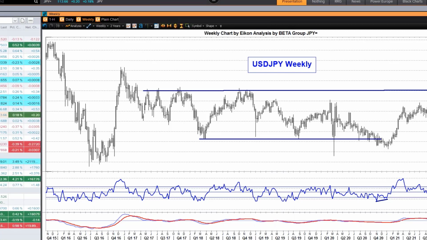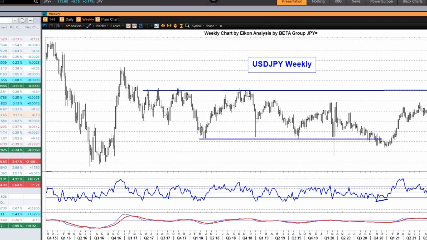You know, in technical analysis, we look for significant levels for big moves to happen from there. One of two things is going to happen from this level. We're going to break up, and that will be very big because that's a multi-year high, going back to the beginning of 2017.